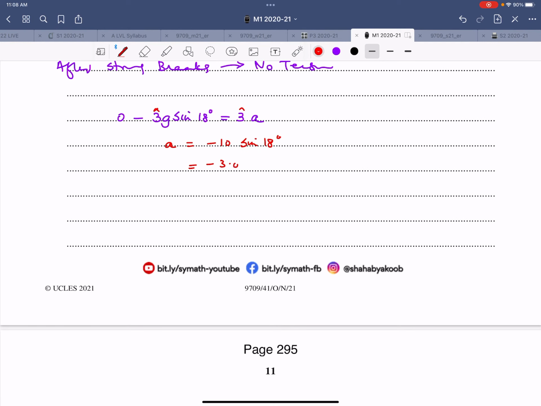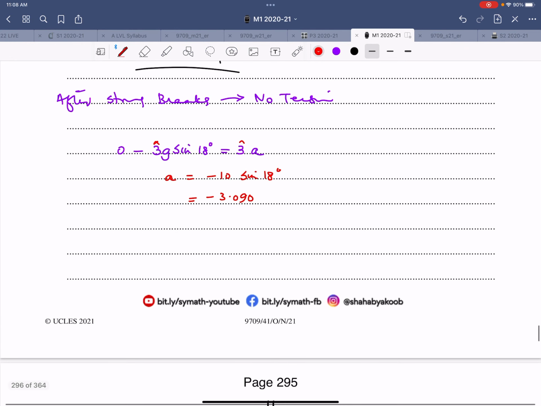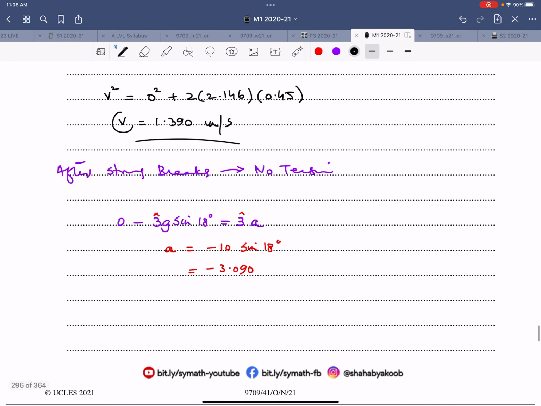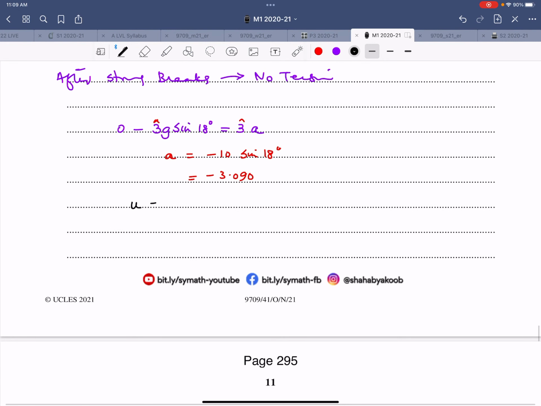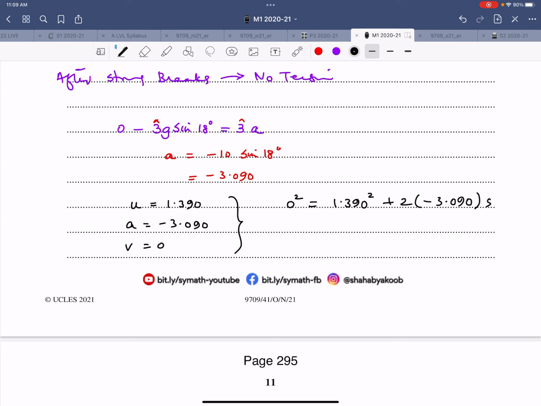Negative 3.090. Now for this part, the velocity will now become the initial velocity. So u is 1.390, acceleration is negative 3.090, our final velocity is 0, and v square is equals to u square plus 2 into minus 3.090 into s. So over here you'll find the value of s.